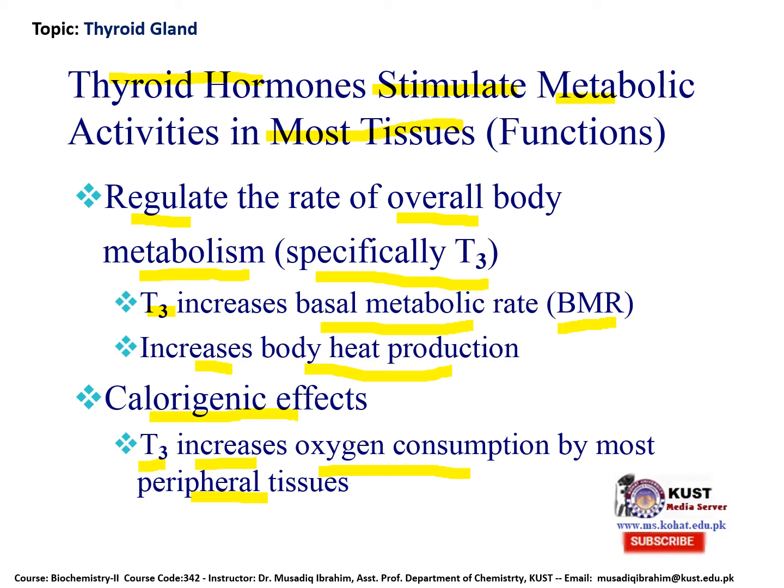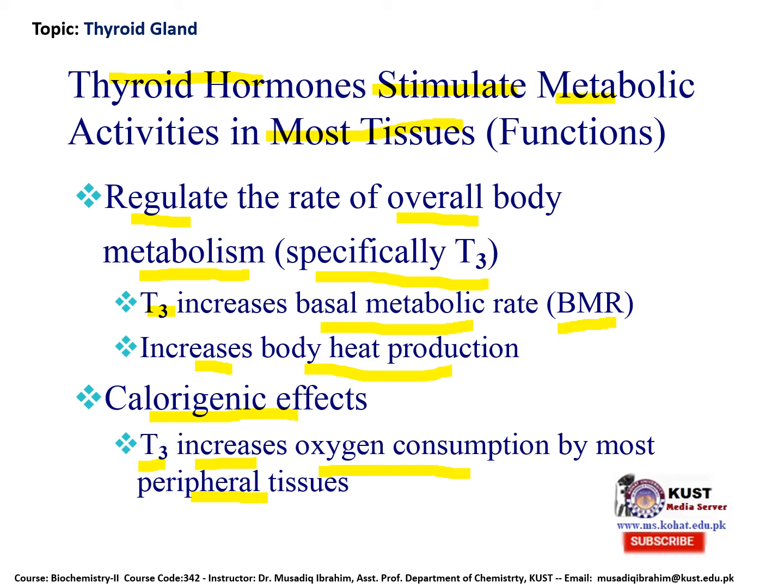Now, moving towards the calorigenic effect, that effect is a result of increased metabolic rate and increased oxygen consumption by the cells. So when the metabolic rate increases, obviously more heat is generated, and as a result the body temperature rises.